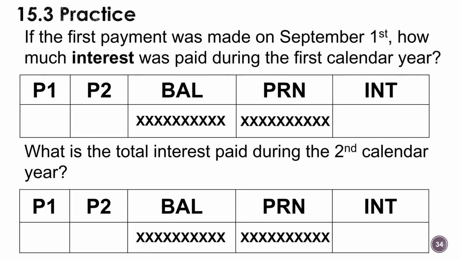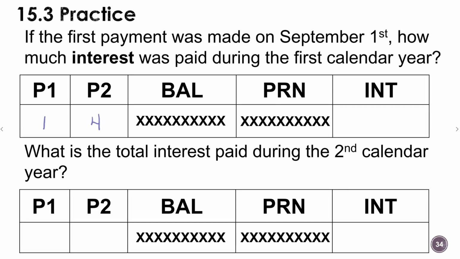Okay. If the first payment was made on September 1st, how much interest was paid during the first calendar year? Okay. So September, October, November, December, pretty easy to count up. 4 payments. So the first calendar year would be from payments 1 to 4.